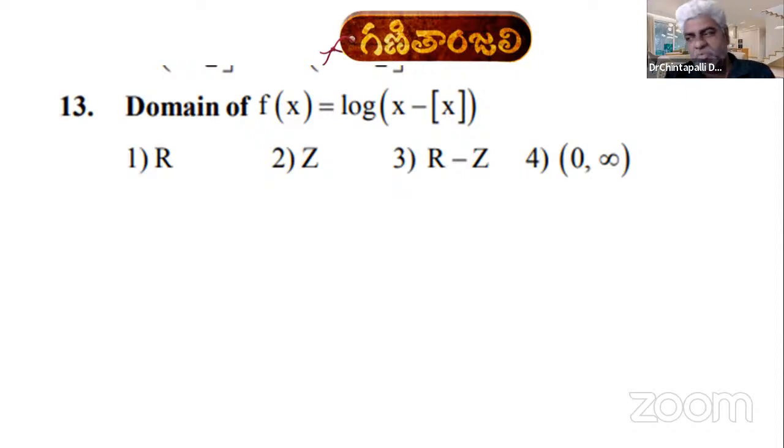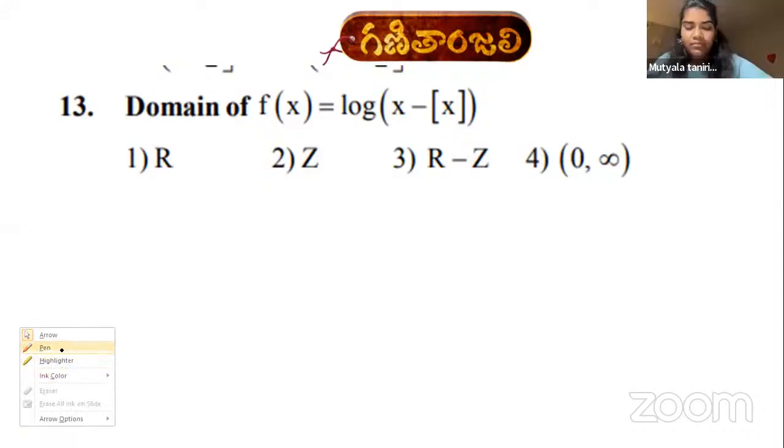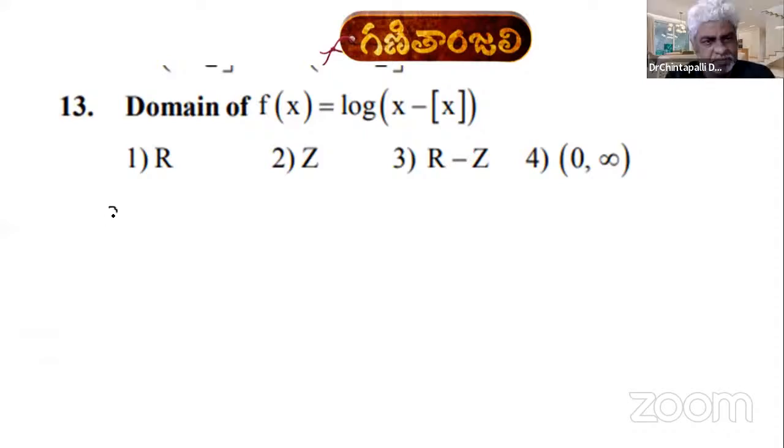What is in the place of phi of x? x minus step x, right? x minus step x is strictly greater than 0. Not included, right? Right. That means x must be greater than step x. Agree?